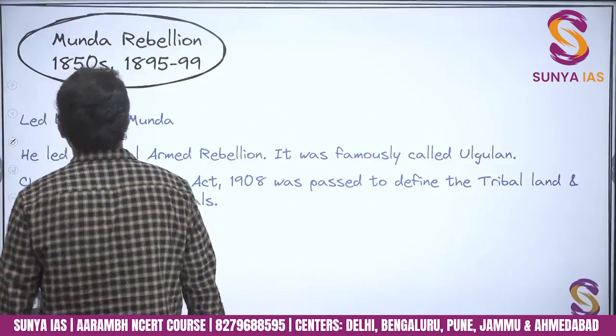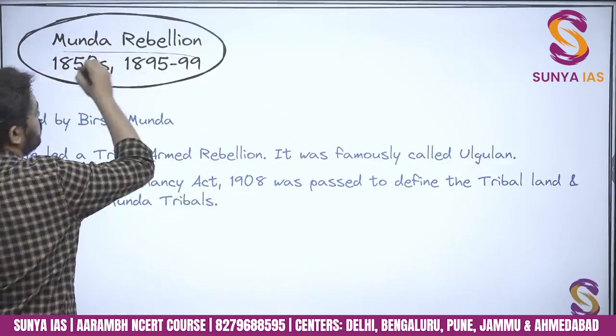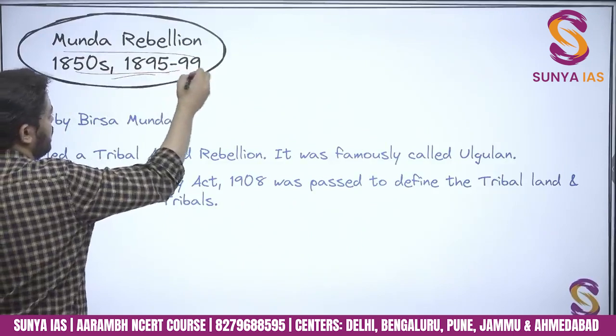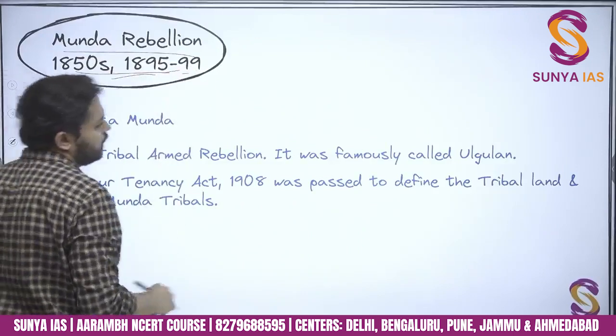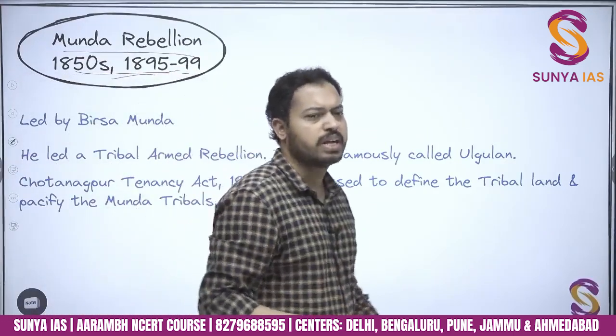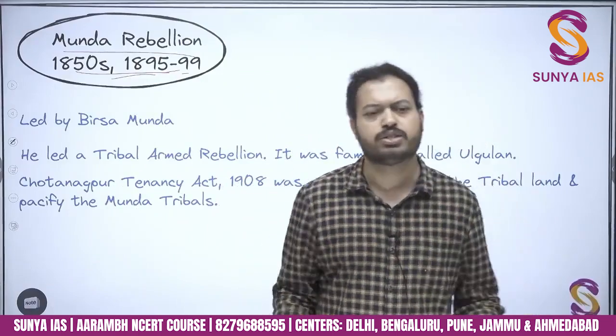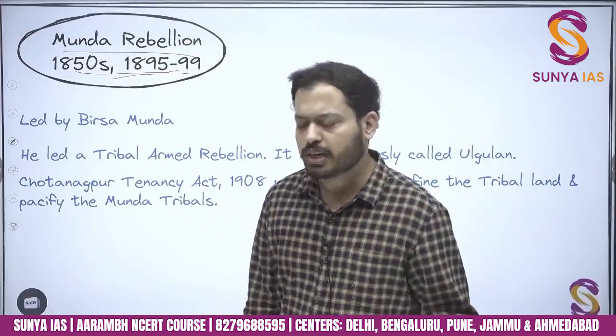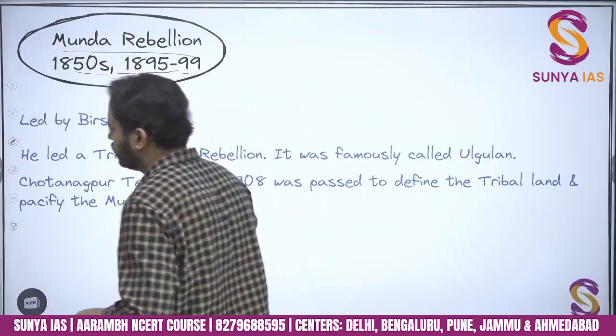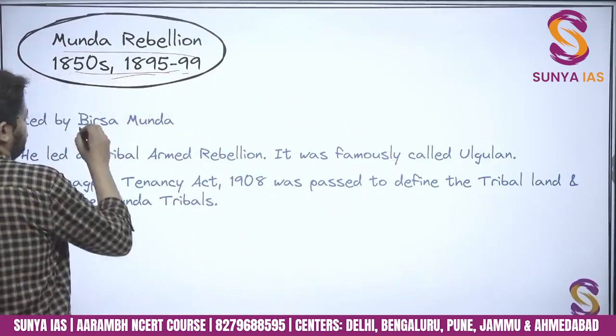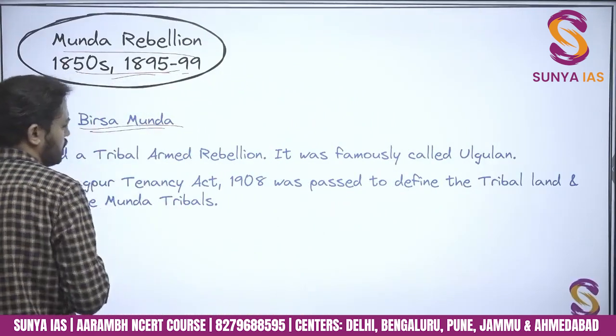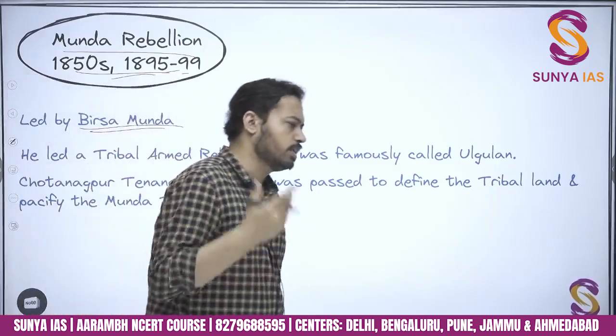Okay, let's talk about the Munda rebellion. Munda also rebelled twice, in the 1850s and 1895 to 99. The 1850 Munda rebellion is not that important; the rebellion happened and was crushed. The interesting Munda rebellion is Birsa Munda's.